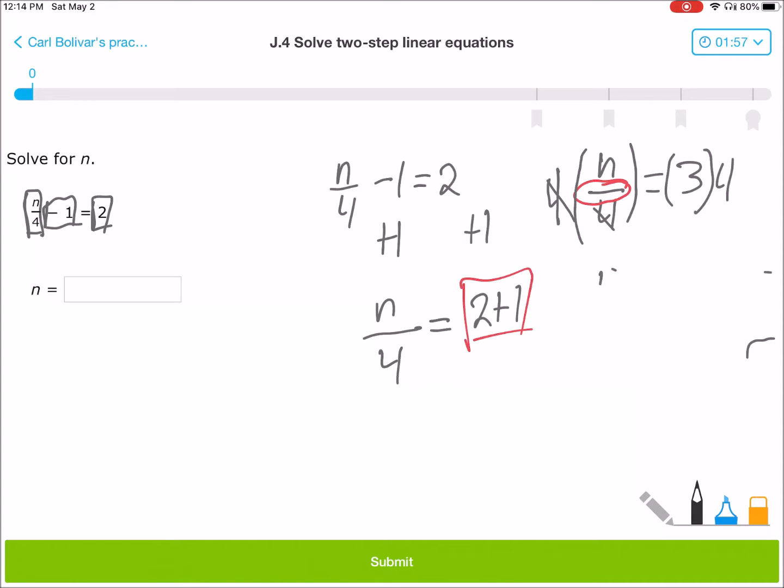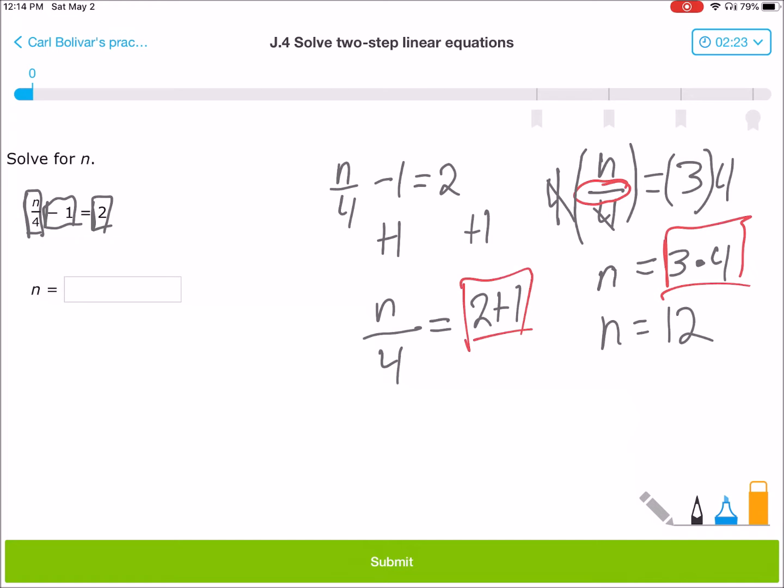So this would be n is equal to 3 times 4. Now simplify 3 times 4. This will give us n is equal to 12. So that is how you solve one two-step linear equation. It's a lot more steps, but if you take it step by step, you'll get it.